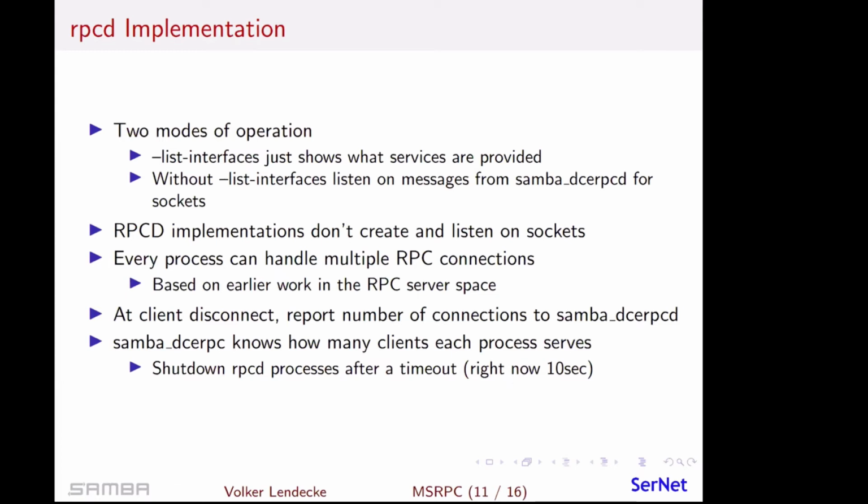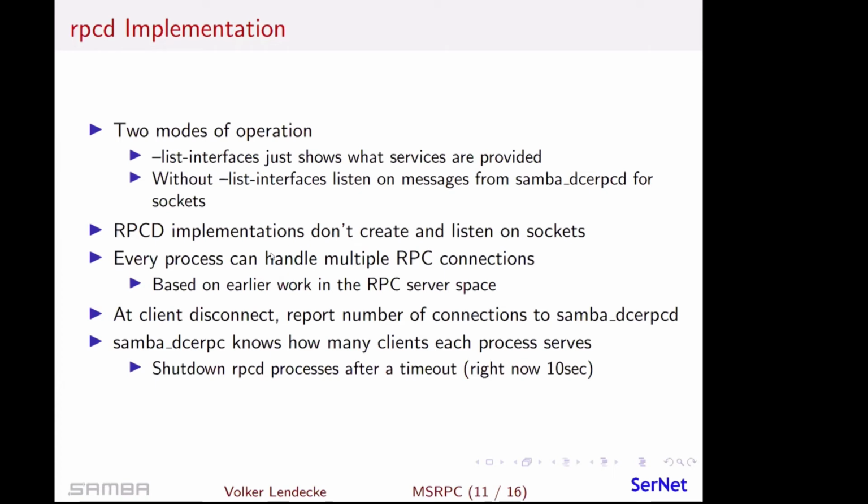If we don't give them --list-interfaces, it just daemonizes itself and listens on SMB control messaging style messages from its parent for new sockets. These RPCD implementations don't have to care about listening on sockets and so on.